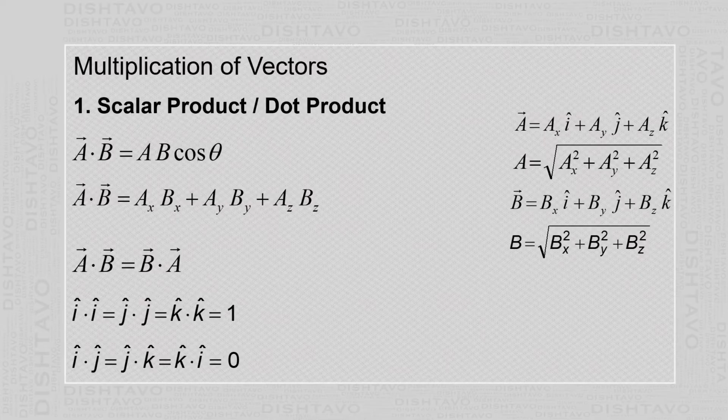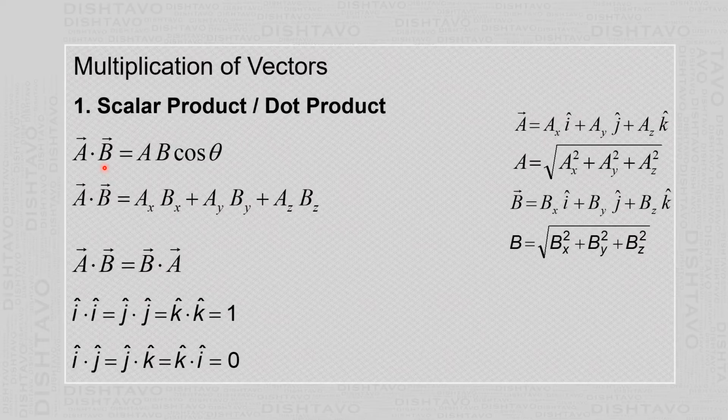If it results into a scalar quantity, then it is called a scalar product and we write it as vector A dot vector B, and it is also called the dot product. It is defined as AB cos theta, where theta is the angle between vector A and vector B.